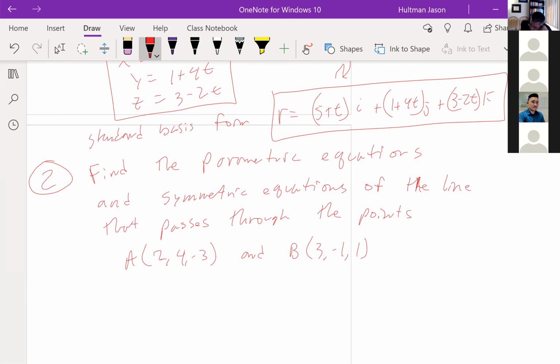So find the parametric equations and symmetric equations of the line that passes through these 2 points.